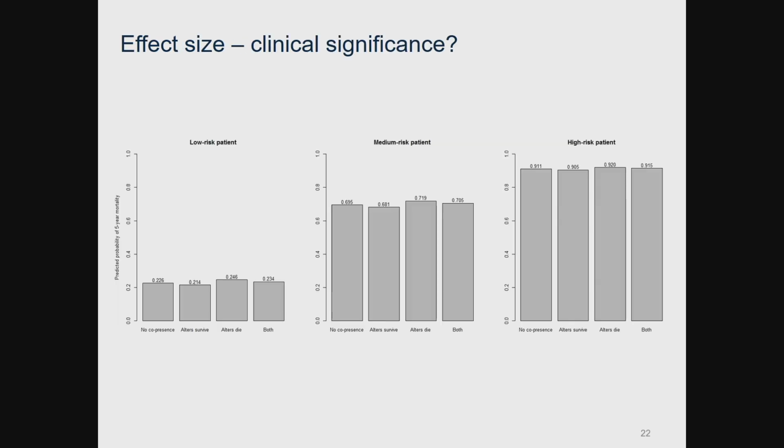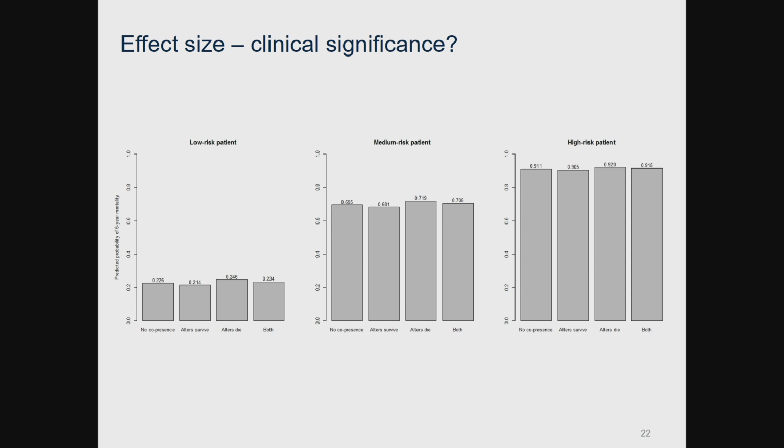To put some of this in context, we can look not at the coefficients for the model, but actually at the predicted survival probabilities. Here we've simulated 3 different patients who come in with varying levels of risk. So not super readable. For a low risk patient, they're coming in with about a 23% chance of 5-year mortality.